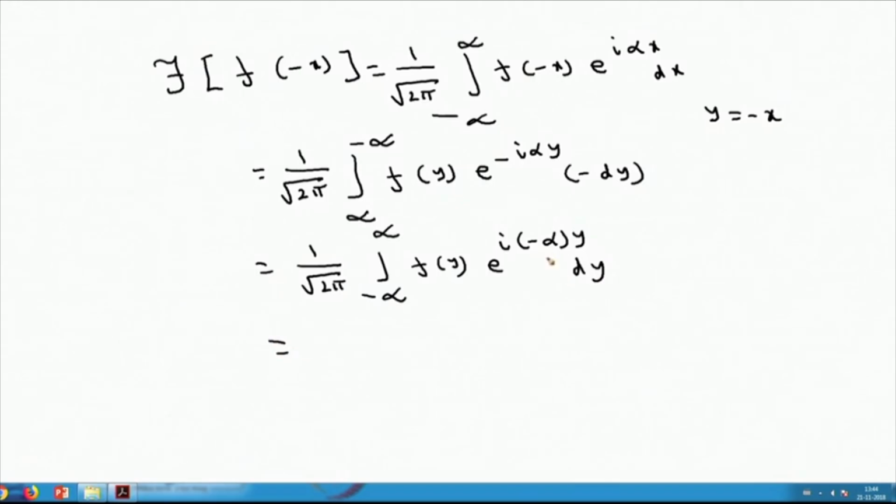Therefore, this is again the Fourier transform of the function where x equals minus alpha. So, I can write down f of minus alpha, because here it is minus alpha, and from definition this is the Fourier transform. So, I can write down capital F of minus alpha.